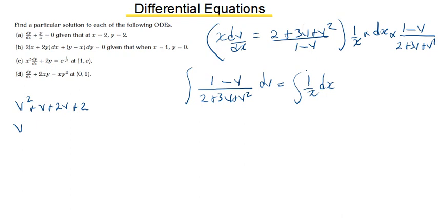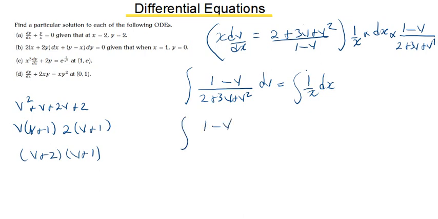This is simply v plus 2, then v plus 1. So this can be written as the integral of 1 minus v divided by v plus 1, then v plus 2 dv equals the integral of 1 over x dx.